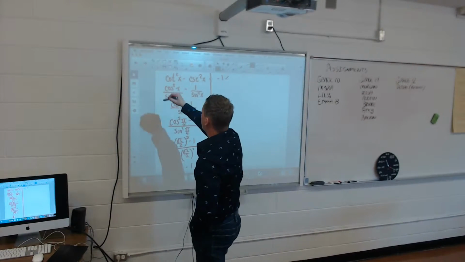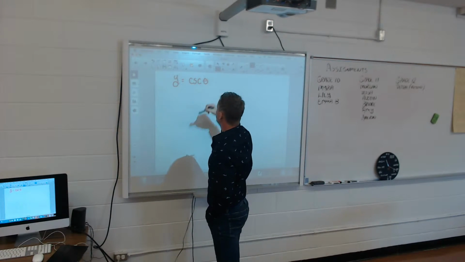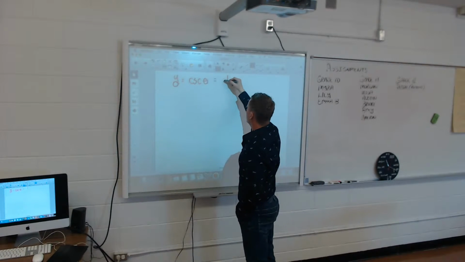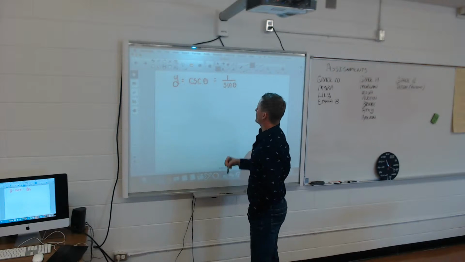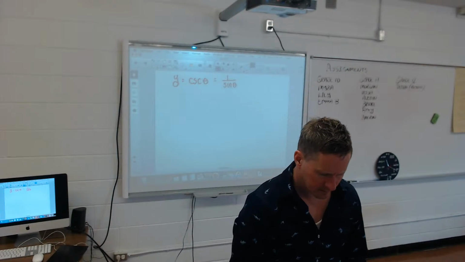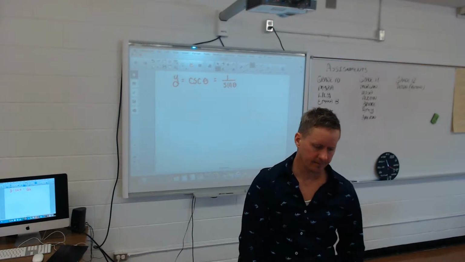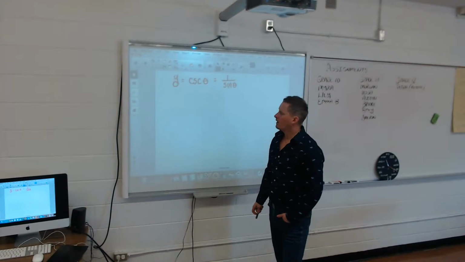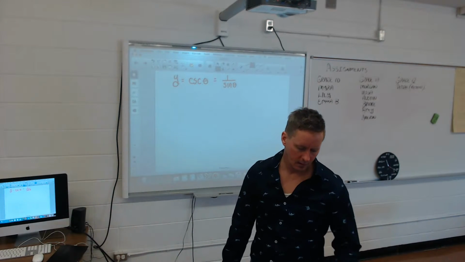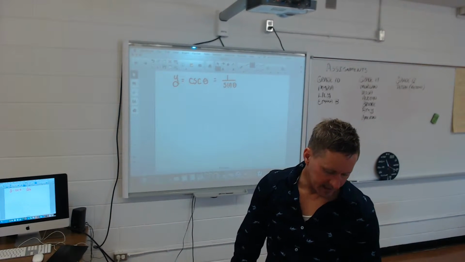So if you're asked to graph y equals cosecant theta, you have to use your graphing calculator and enter 1 over sine theta. You can only use the sine, cos, and tan for it. Okay, so y equals 1 over sine theta.